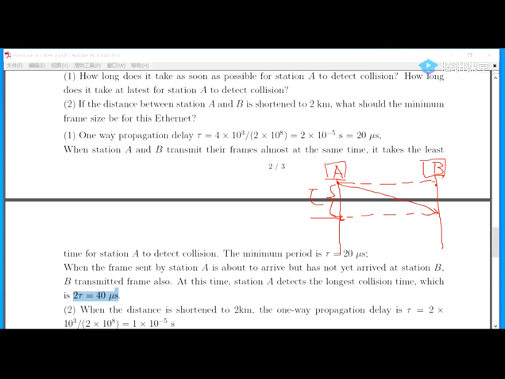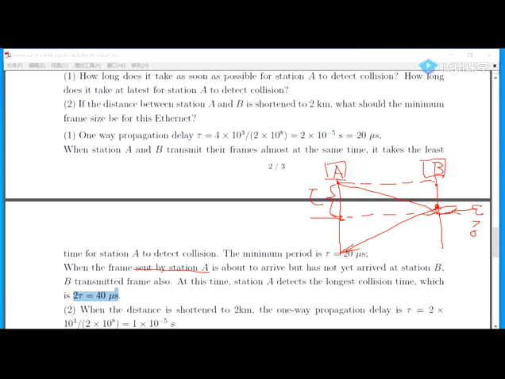If station B begins to transmit at the time point when the frame sent by station A is about to arrive but has not yet arrived, so at this point, this gap is epsilon, and epsilon is larger than 0.